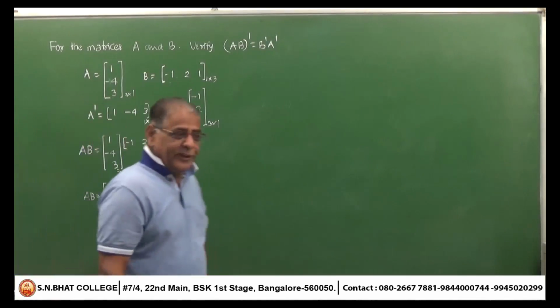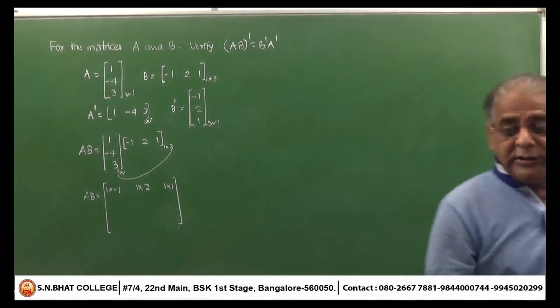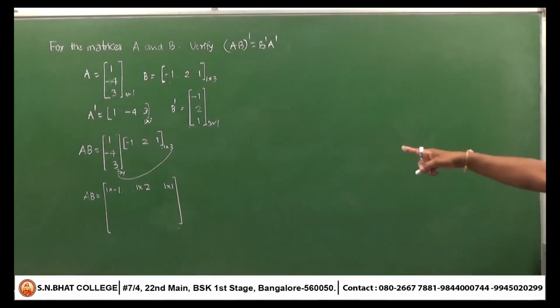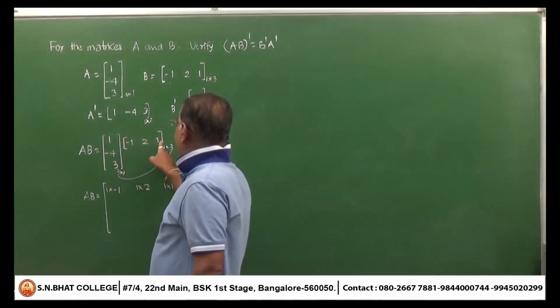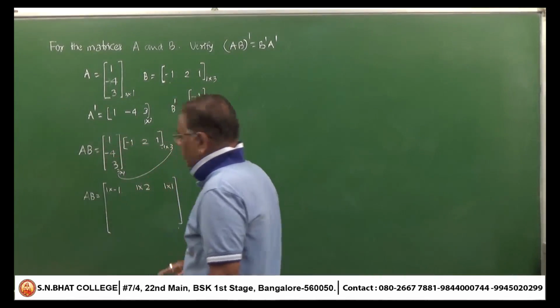While multiplying, you should be very careful. You will definitely make mistakes if you don't write the order of the two matrices. This is the multiplication of first row with all the 3 columns.